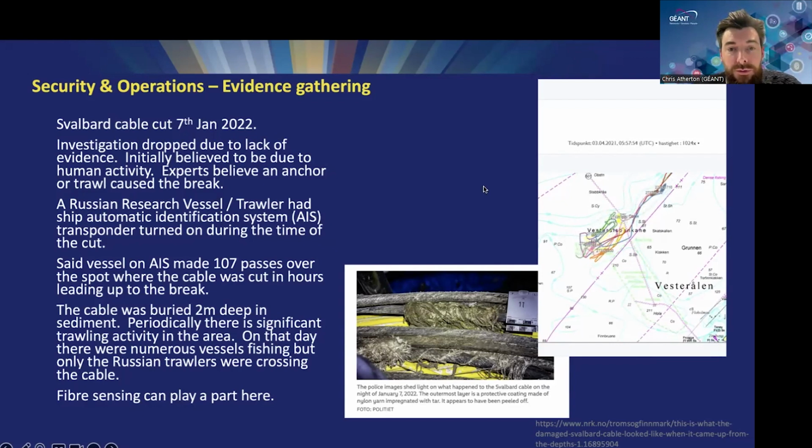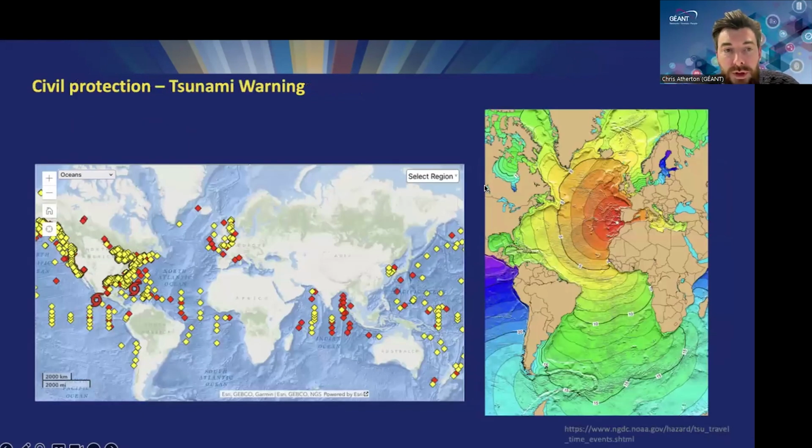Moving on to one of the other areas, this is more on civil protection. There's a huge risk from tsunamis around the world. We don't know when a tsunami is going to occur, and so there are tsunami monitoring buoys deployed throughout the world.